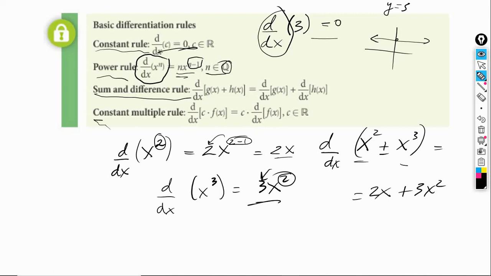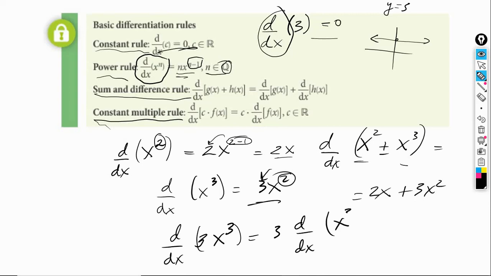Then finally, you have something called the constant multiple rule. Translating that into an example, what it says is that if you have something like, say, 3 times x cubed, and you want to find the derivative of this expression, it would be the same as taking out the constant, so 3 times the derivative of x cubed.